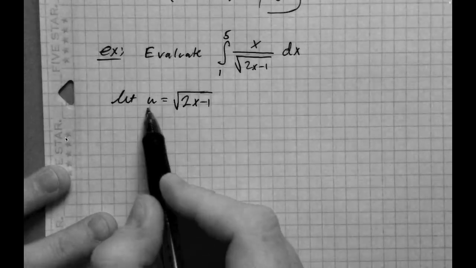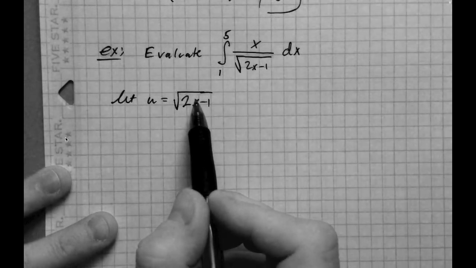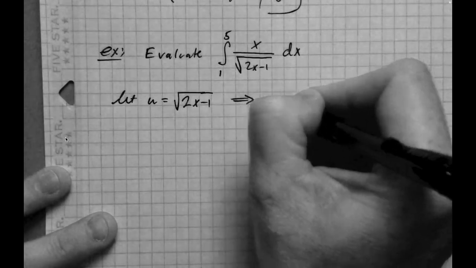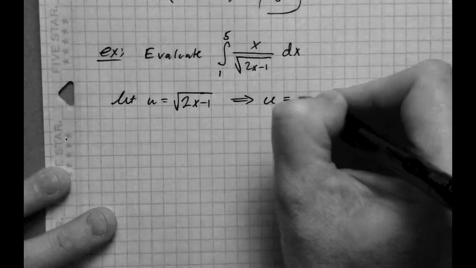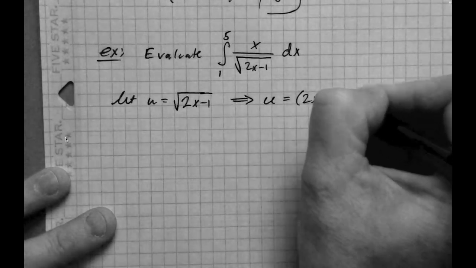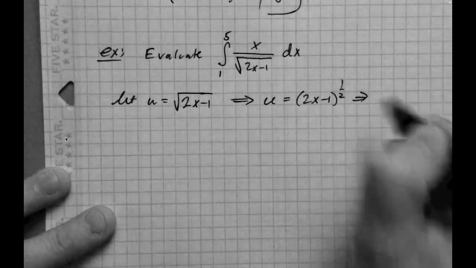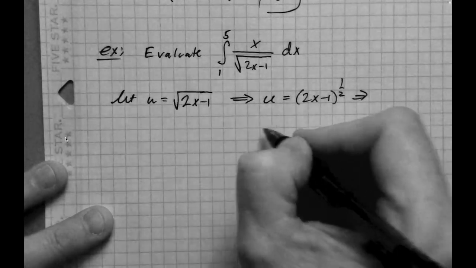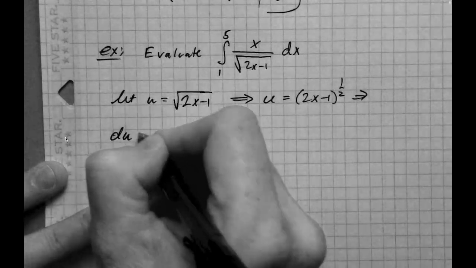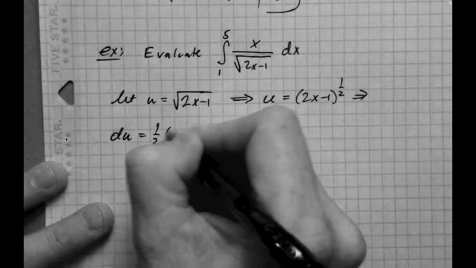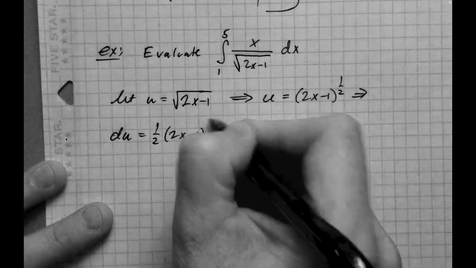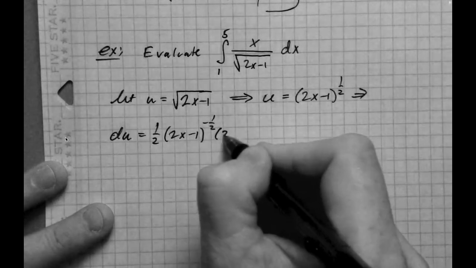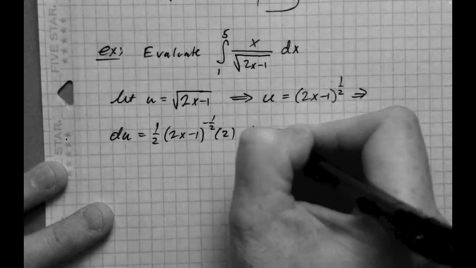Okay, so if this is our u, then u is equal to 2x minus 1 to the 1/2. And then our du is 1/2 times 2x minus 1 to the negative 1/2 times 2 dx.